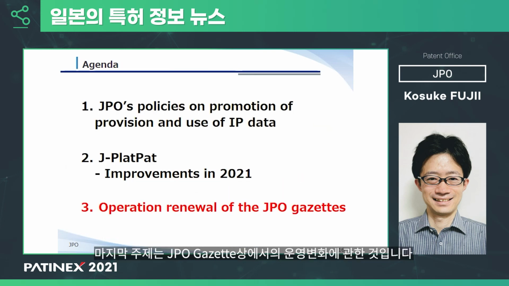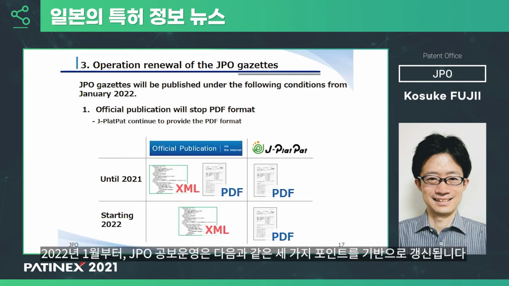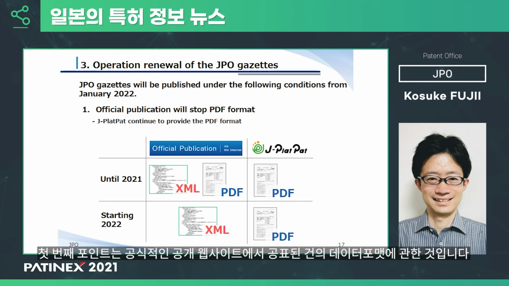The last topic is operation changes on the JPO gazettes. From January 2022, the JPO gazettes operation is going to be renewed in the following 3 points. The first point is about the data format of the publication from the official publication website.